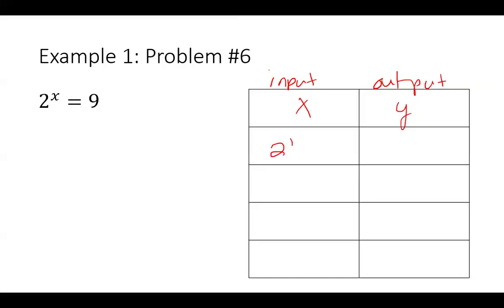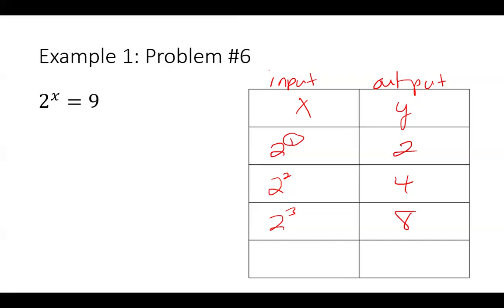If I have 2 to the 1, what is the output? So I'm inputting 1, and I'm going to get 2. If I input 2, what do I get? 4. If I input 3, what do I get? 2 times 2 times 2 is 8.